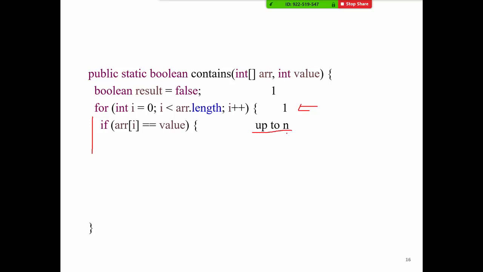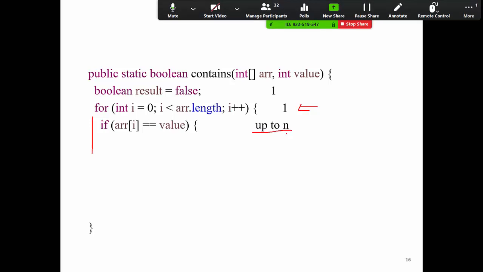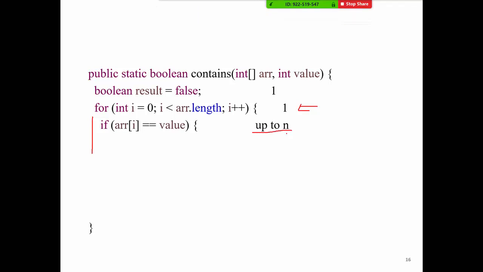Let's assume you are looking for an element inside the array, you're going to execute it up to n if you are not lucky. If you are lucky, it will be executed a few times and then you find your value. But let us assume the worst case scenario.